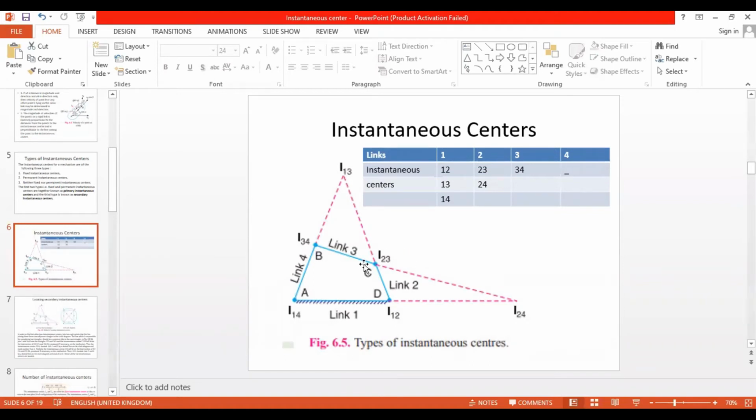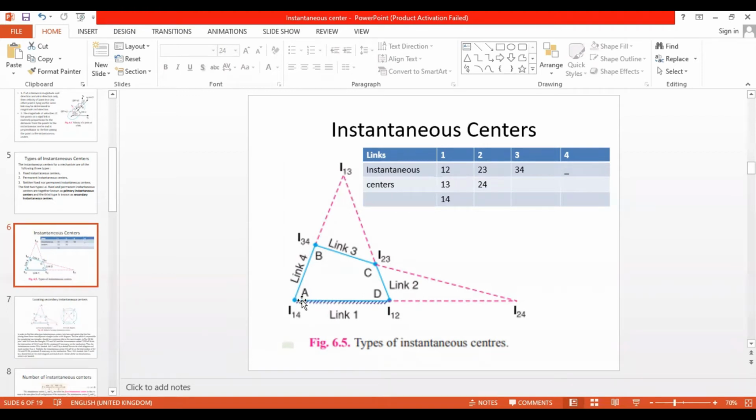Don't read it as I-twelve or I-twenty-three. Similarly, the instantaneous center joining link 2 and link 3 is known as I23, and link 3 and link 4 is I34. The one joining link 1 and link 4 is I14.